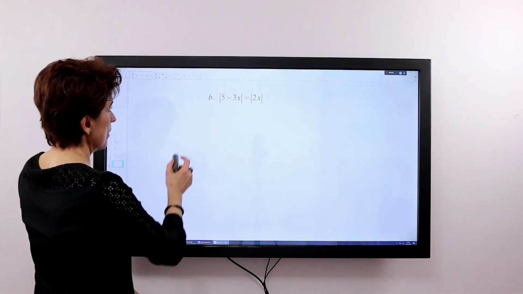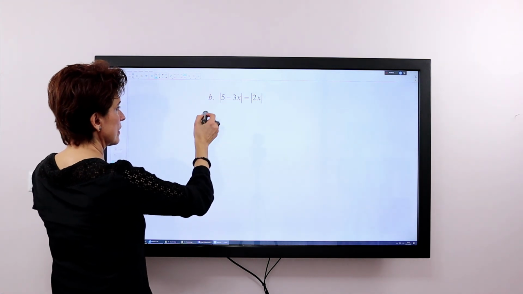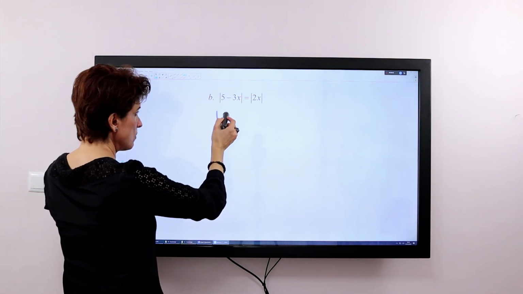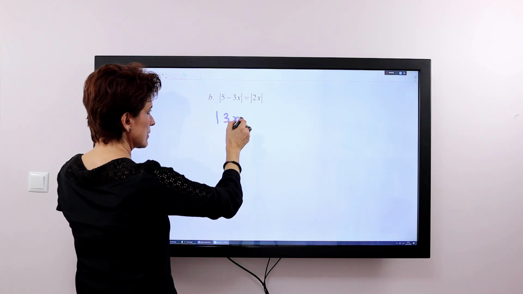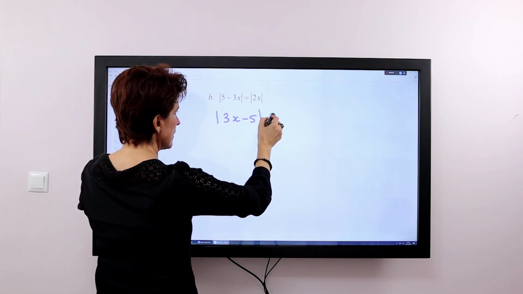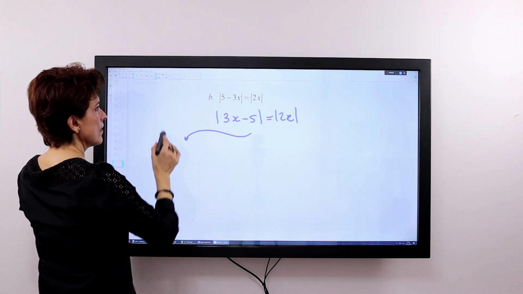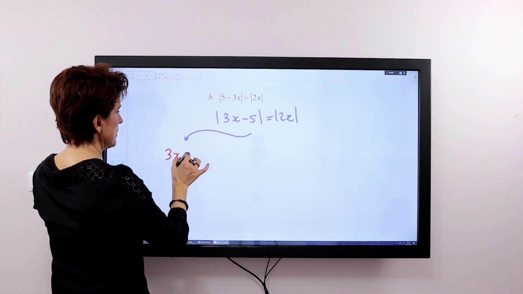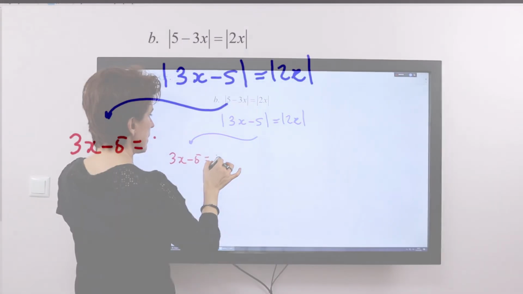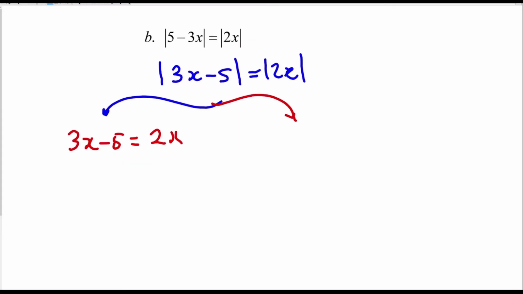Okay. I'm going to switch, guys. I don't like this form. If you use this form, it's not wrong, but I prefer it like this. Okay? Here. Again, I'm using the rule. I like this method because it helps me to solve the question. 3x - 5, this is 5. Looks like 6, however 5.